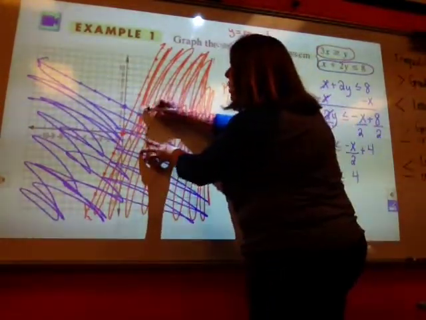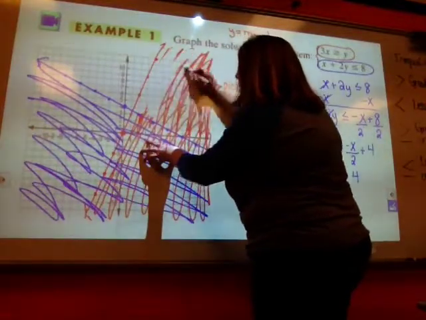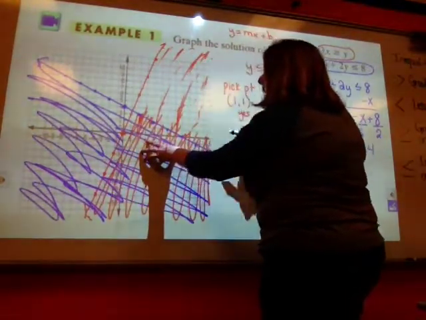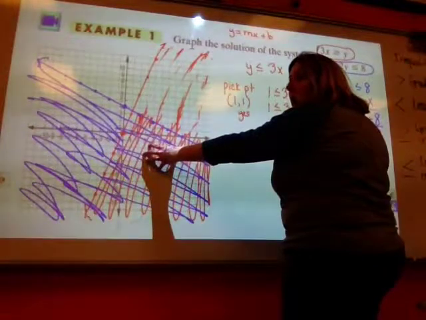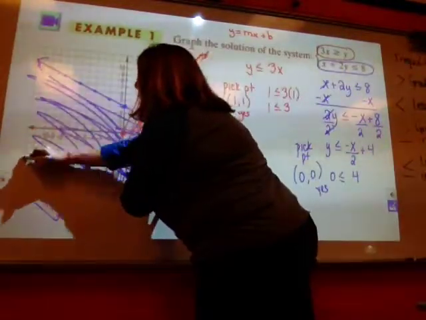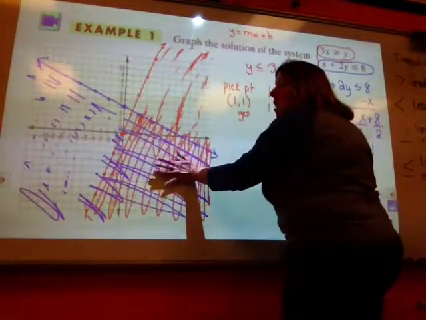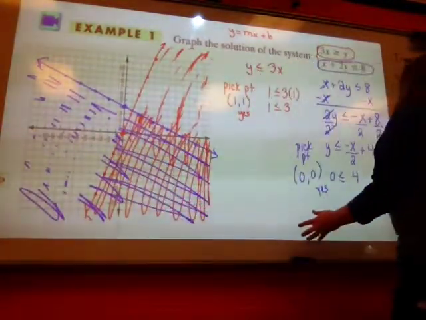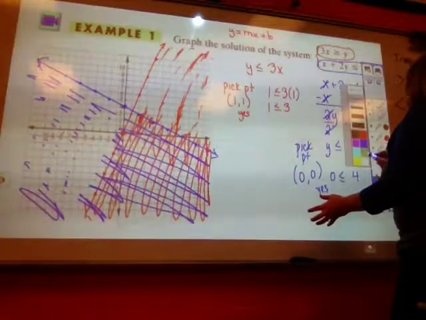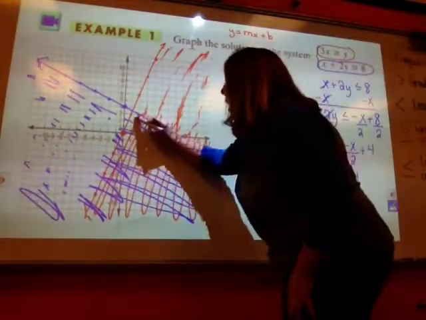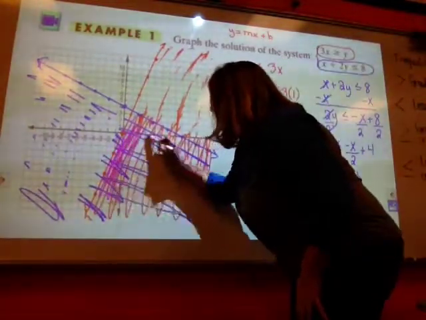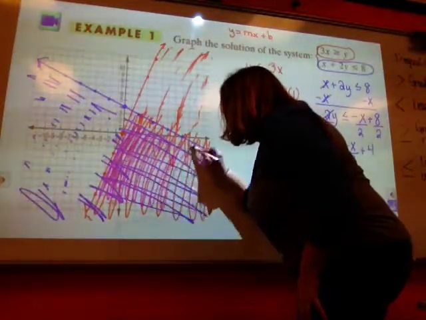If I took out all of this, I wouldn't affect any of the blue, right? And if I took out all of this, I wouldn't affect any of the red. Would you agree? So this area right here is my solution region because that's where they both cross.